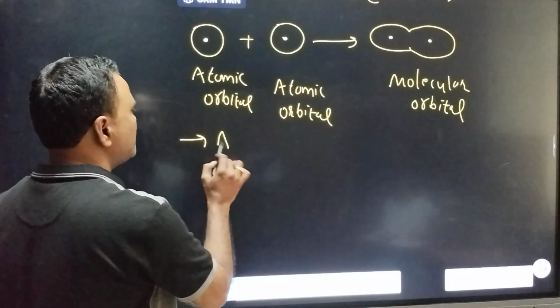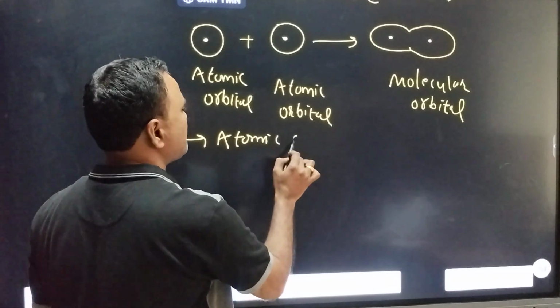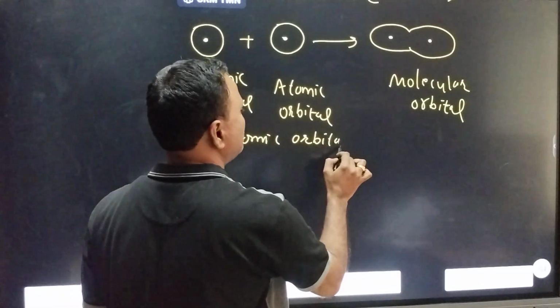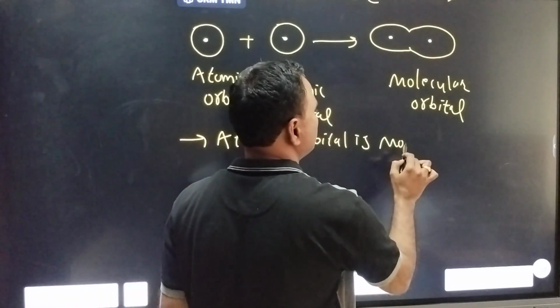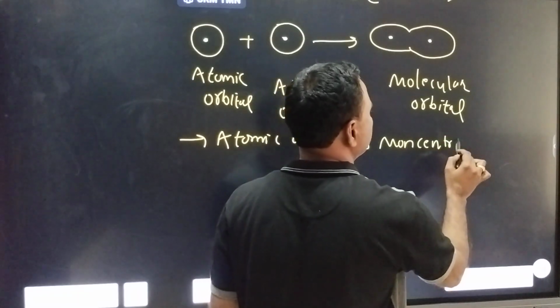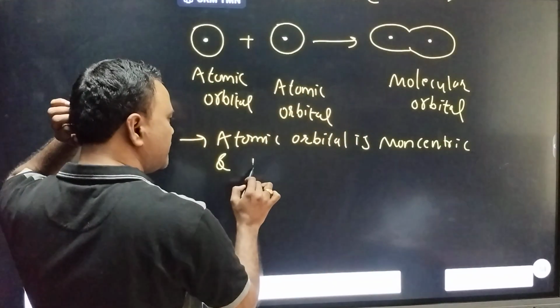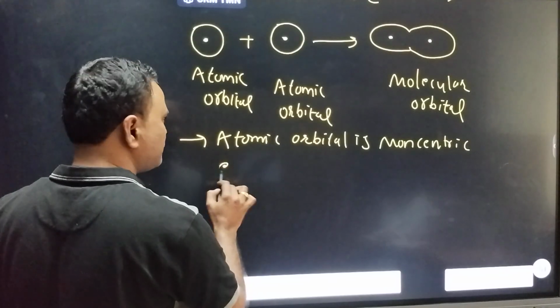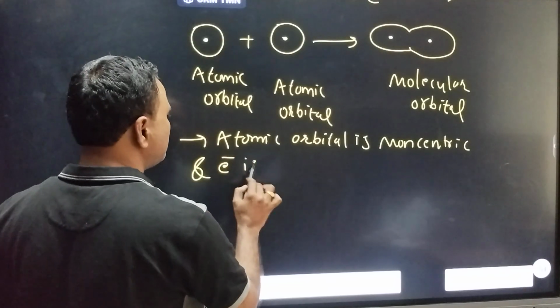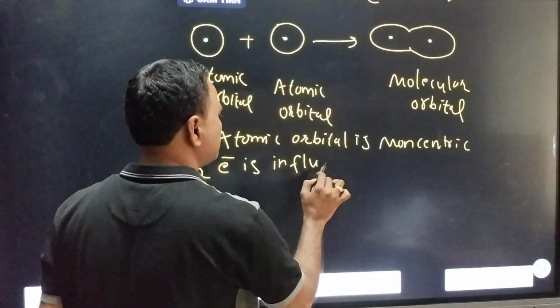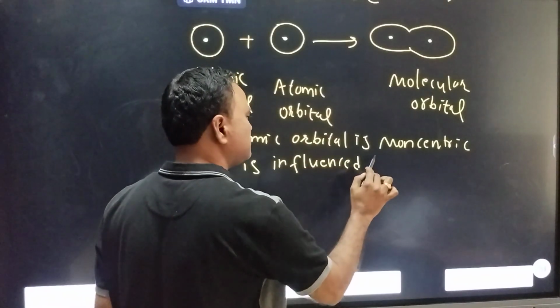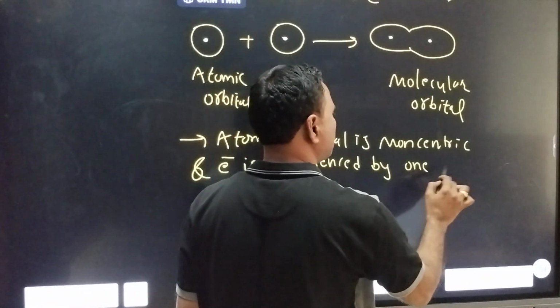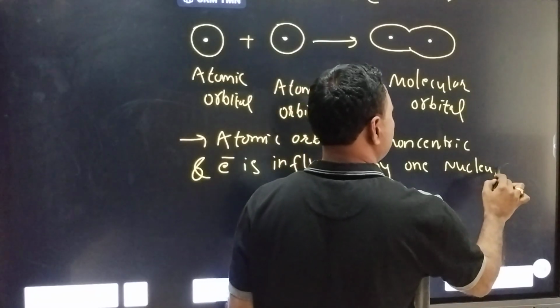Important point. Atomic orbital is monocentric, and the electron is influenced by one nucleus.